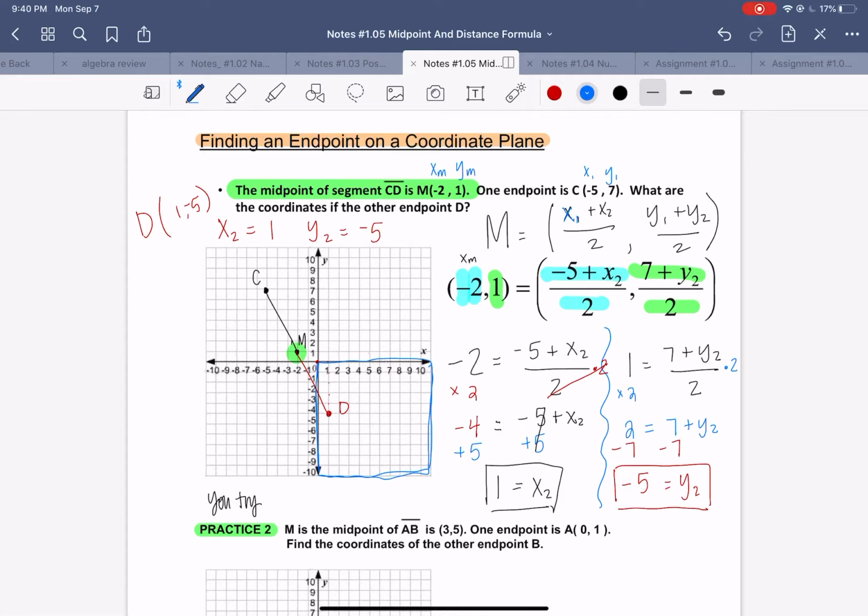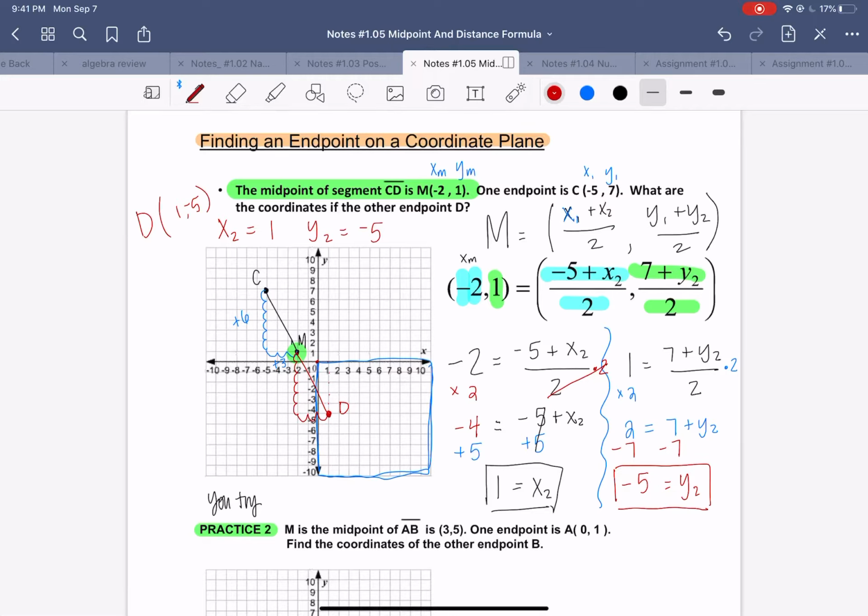So we're going to go 1, 2, 3, 4, 5, 6 down, and then 1, 2, 3, so plus 3 over. Now I just repeat: 1, 2, 3, 4, 5, 6, and then 1, 2, 3. And then it gets us to point D.